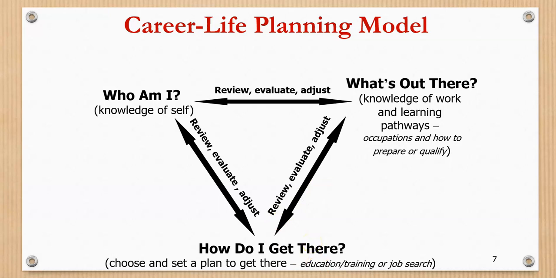Sometimes we get to the how do I get there stage and are right into that stage, and then the individual realizes maybe this just really isn't what I want. So they may get into an education or training program, and maybe as they get more exposure to a particular activity or work, they begin to realize they have kind of an epiphany, and this isn't really what I want, and this isn't really who I am.